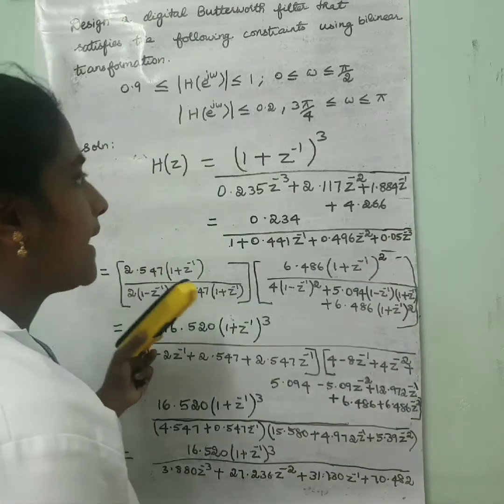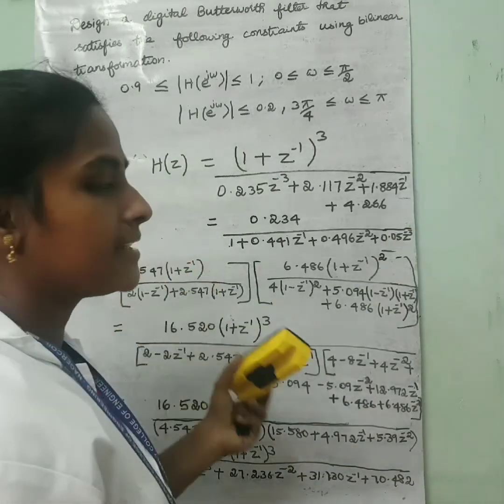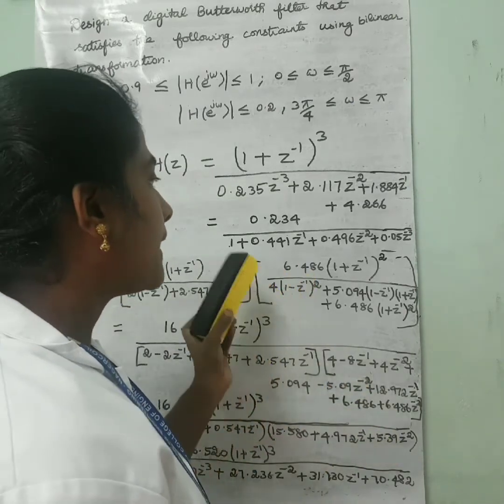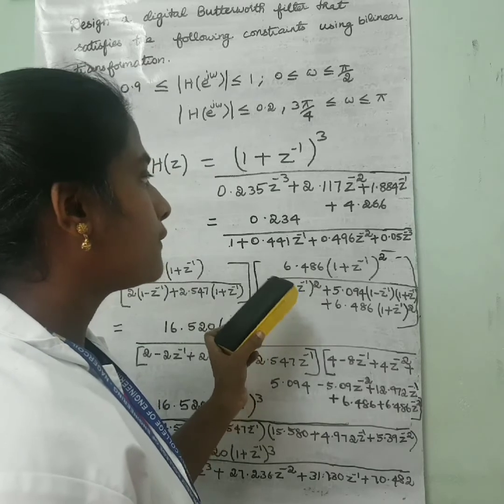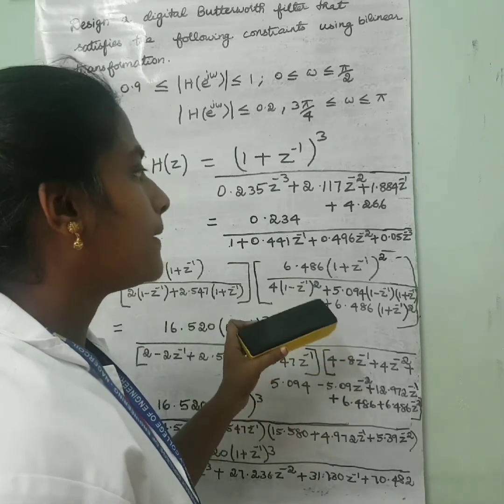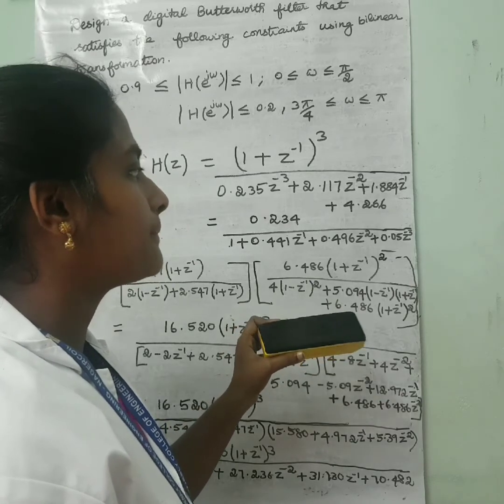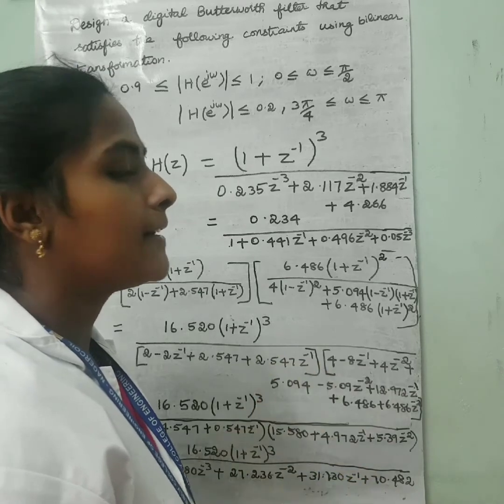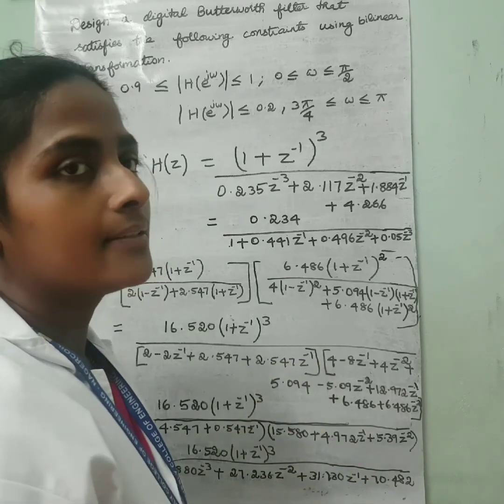So we got the answer as H of z equal to 0.234 divided by 1 plus 0.441 into z power minus 1 plus 0.496 into z power minus 2 plus 0.05 into z power minus 3. That's all.